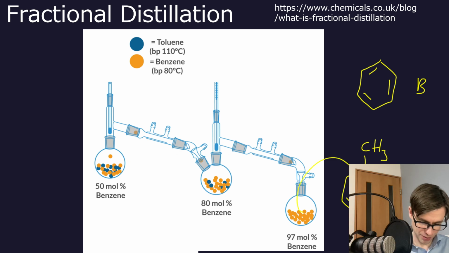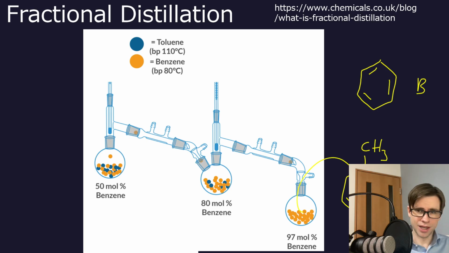You might end up doing this again and again and again if you want to get 99.99. And it's very energy intensive and labor intensive to do this. And this is not even one of the worst azeotropes, I think. A lot of these, you might go 50, 60, 70, like much slower, up to pure amounts. And some of them I think you can't even get beyond certain percentages.